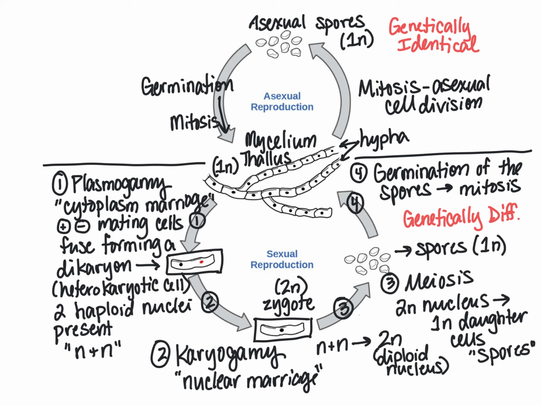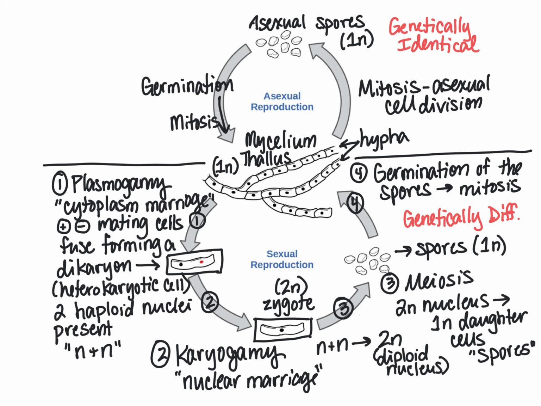The new mycelium will then develop into an entirely new fungal organism. And recall that some fungi can switch back and forth between asexual and sexual reproduction. This switch occurs based on environmental conditions.